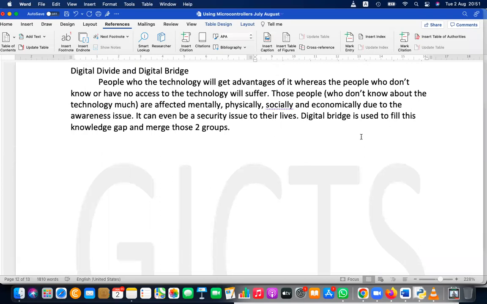Digital divide is where, basically, in the Sri Lankan context, actually, we have less audience learning ICT. The reason is we have given that optionality to the school children. So school children will think that the main subjects like mathematics, science will only matter.